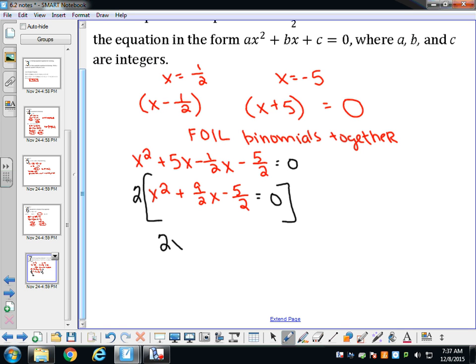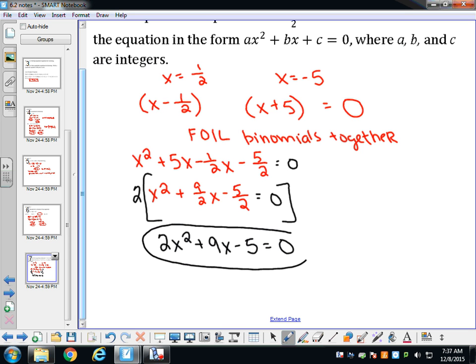So then I end up with 2x squared plus 9x minus 5 equals 0. Now there is another way to do this, and that's where you can rewrite x minus 1/2 a little bit differently. I don't want to give anything away. See if you can figure out a different way to rewrite x minus 1/2 and still get the same solution.